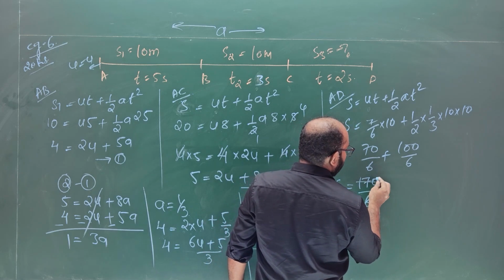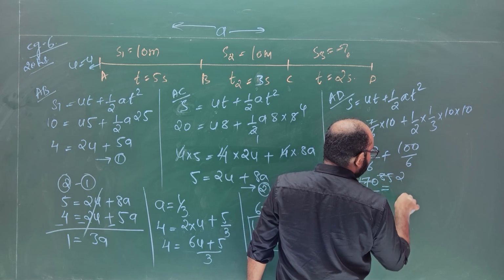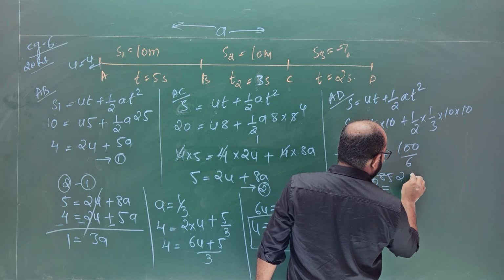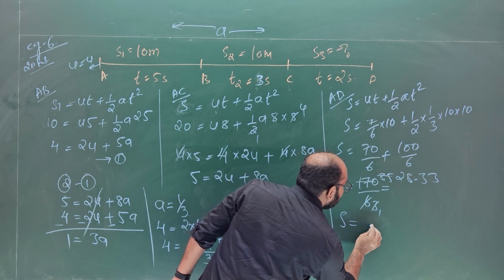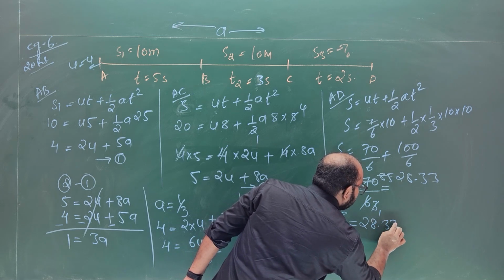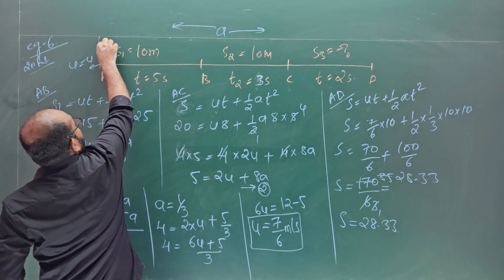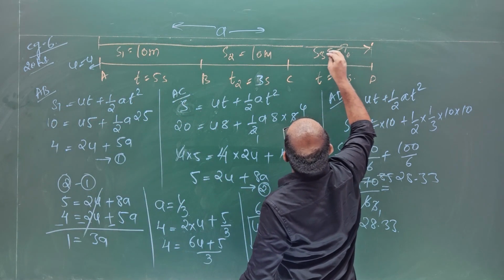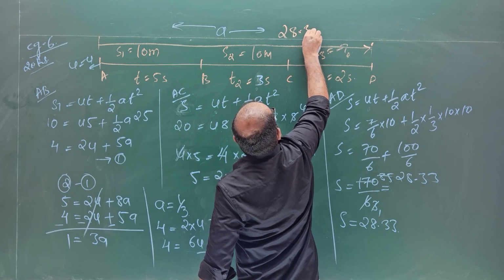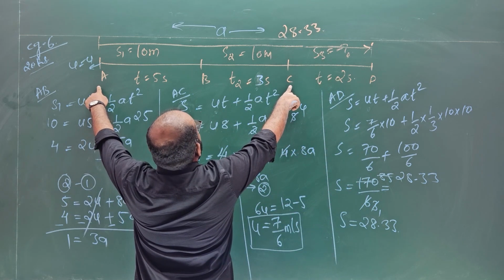So S is equal to 28.33. Can I say that from A to D the distance, from here to here, is how much? 28.33, and the distance between A to C is how much? 20.